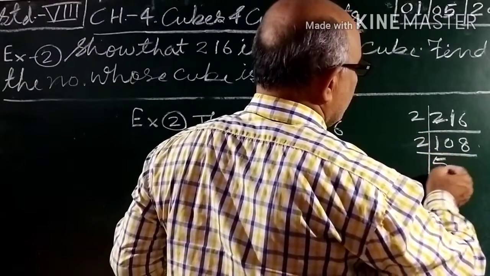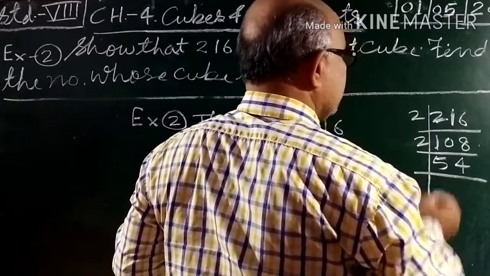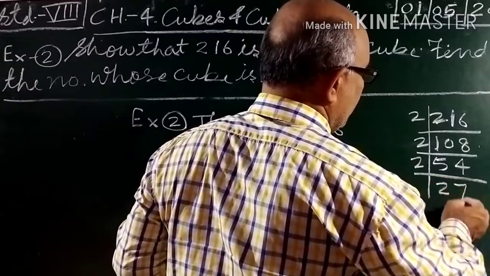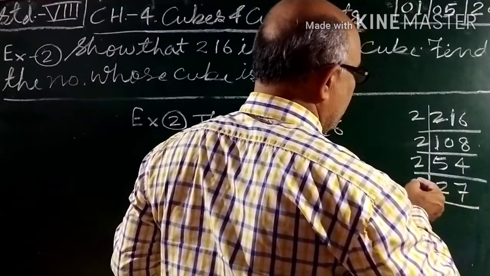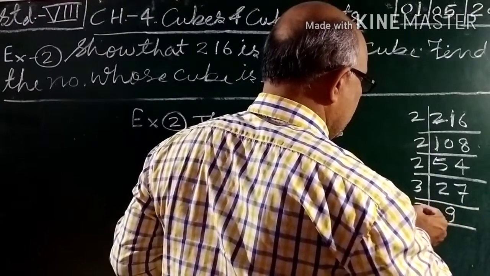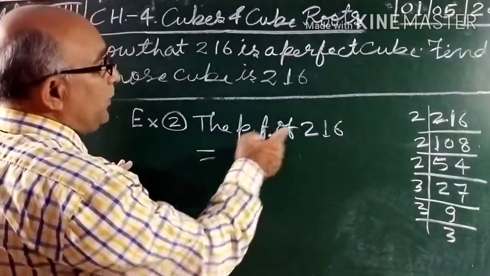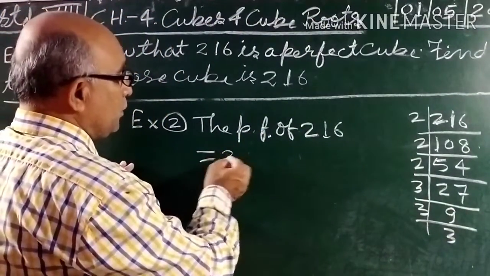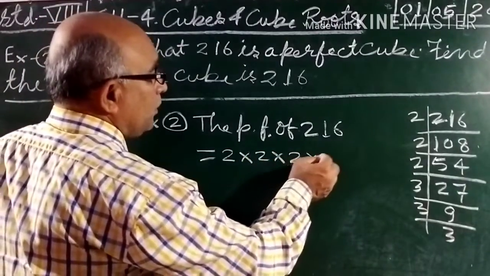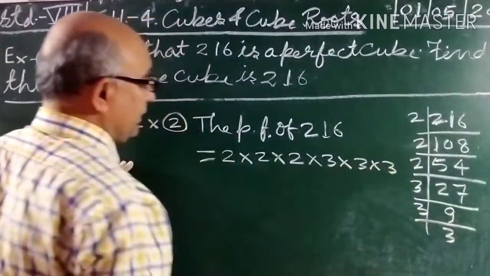Again 2 times 5 are 10, 2 4 are 8. Again 2 times 27 are 54. Now 3 times 9 are 27. Again 3 times 3 are 9. So the prime factors of 216 are 2 into 2 into 2, now 3 into 3 into 3.